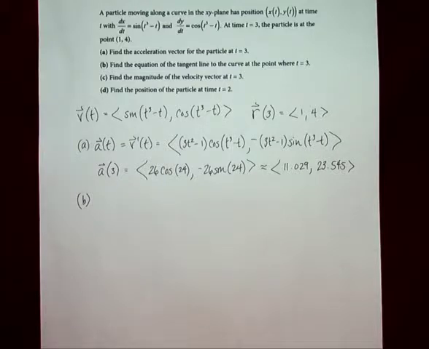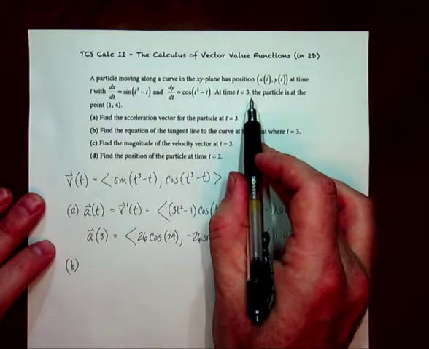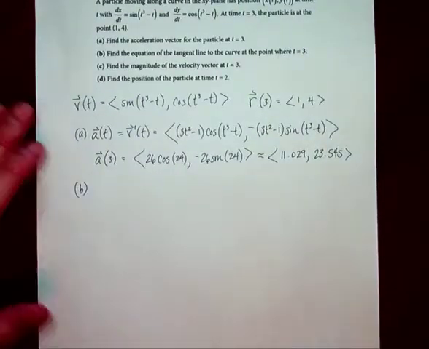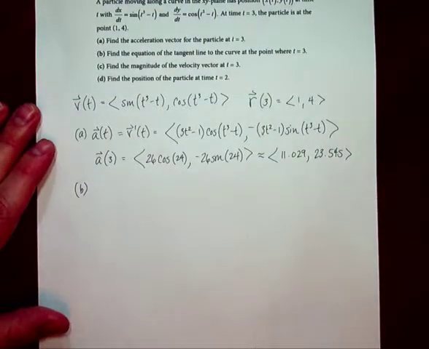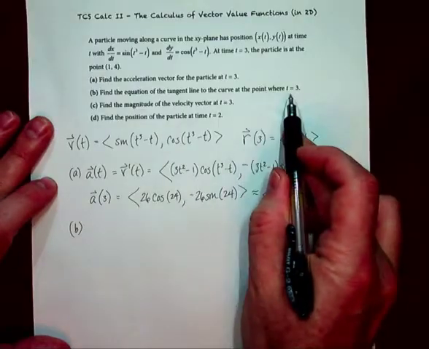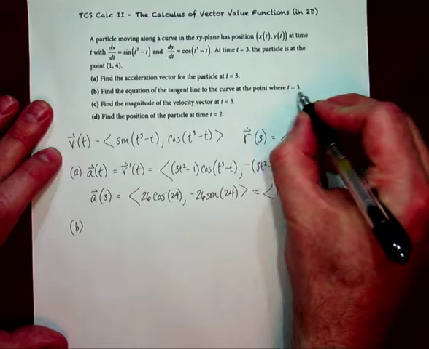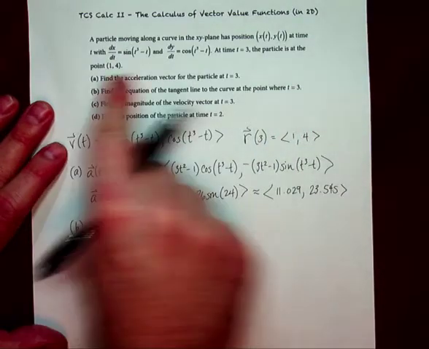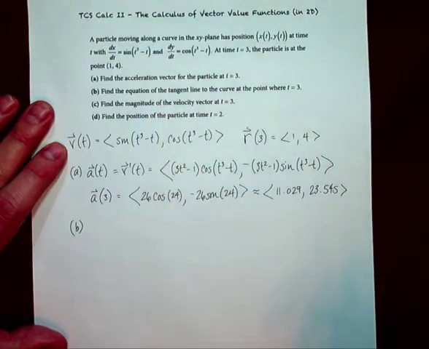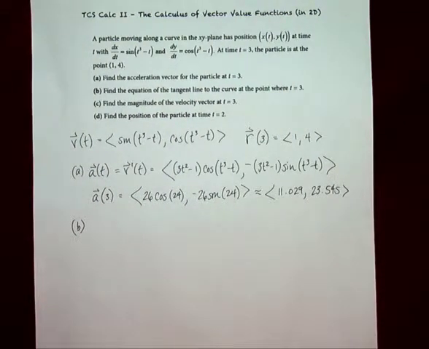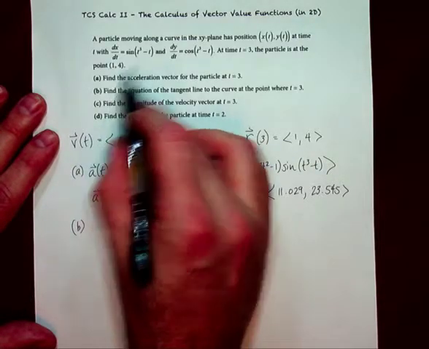The problem is you need to also find the initial position, because at time t equals 3 the particle is at (1, 4), but you need to backtrack to time t equals, actually, no, you don't, because it's t equals 3. Never mind. I could have sworn that said t equals 0 right there, but let's go ahead. So we have a point, and now all we need is slope, because you need two things for the equation of a tangent line. We need point and slope.